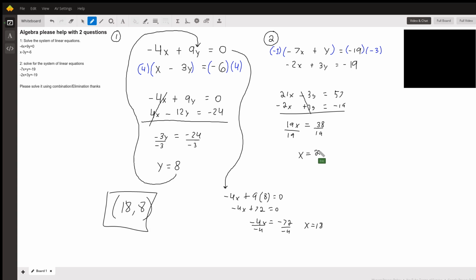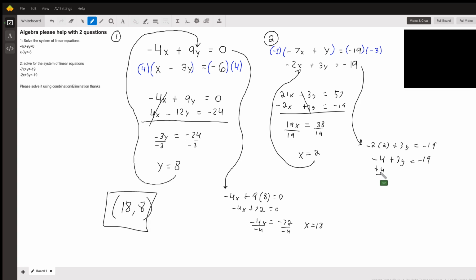Now that we know what x equals, we can plug a 2 back in for x in either one of the original equations. It does not matter. So let's go with the second equation here, because why not? Now if we plug in x, we get negative 2 times 2 plus 3y equals negative 19, or negative 4 plus 3y equals negative 19.